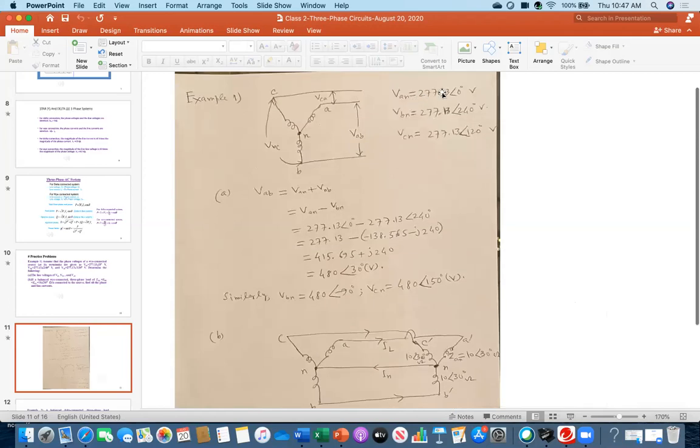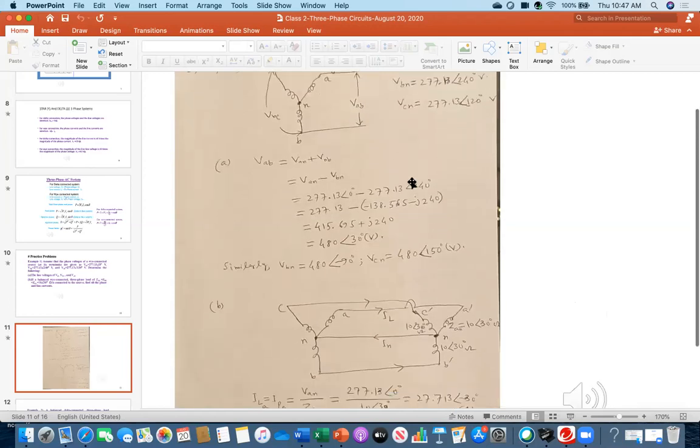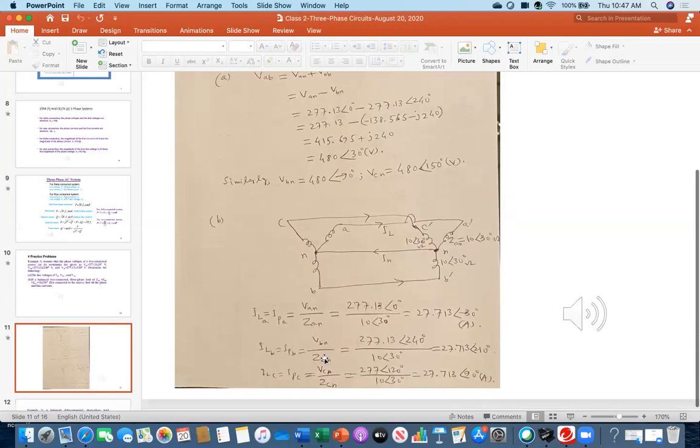You see, Van, Vbn, Vcn. So that's why Van over Zan. Zan is the impedance. So this impedance is 10 at an angle of 30, and then Van is this one. So just you divide, and then by phasor algebra, this 30 will go in the numerator and it will be minus 30.